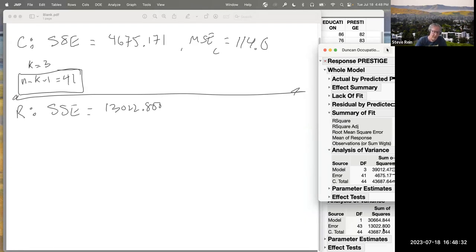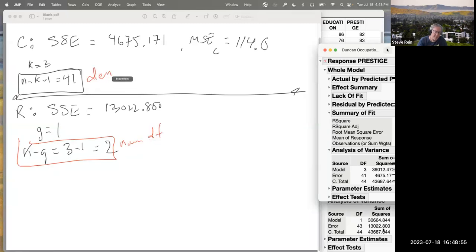And then G, the number of variables in the reduced model, is 1. K minus G is 3 minus 1, so 2 degrees of freedom are changing between the two models. So here is our numerator degrees of freedom, and the denominator degrees of freedom is there.